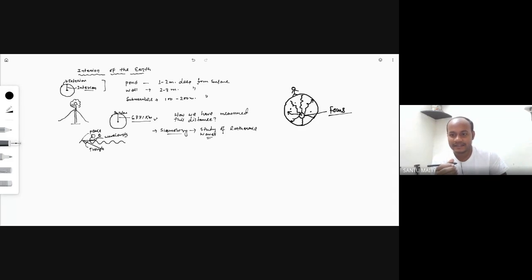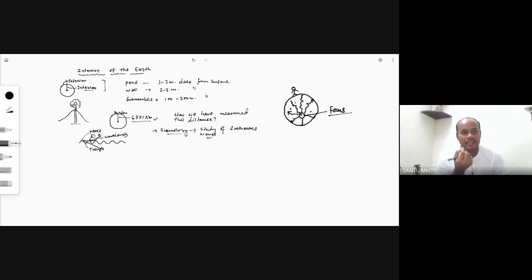In this way, we can understand that during an earthquake, certain kinds of waves are produced.